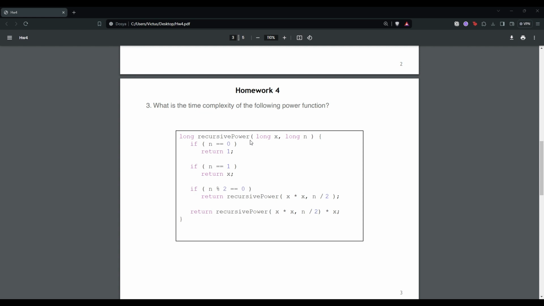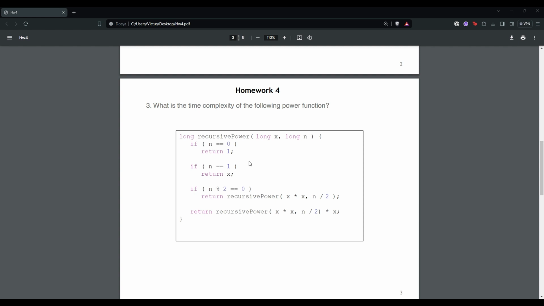What is the time complexity of the following power function? The time complexity of the provided recursive power function can be analyzed based on the number of recursive calls it makes. Let's break it down.